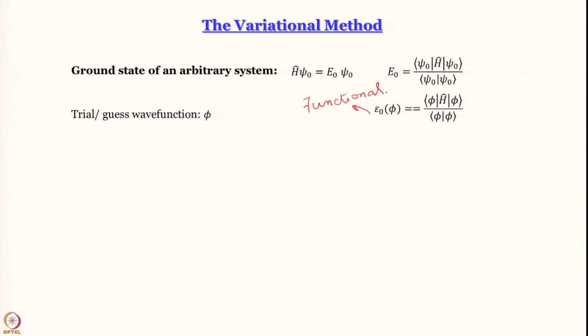A functional is a function of functions, which means, see, phi is a function, is it not? Epsilon 0 is a function of functions. Depending on what phi is, the value of epsilon 0 is going to change. So, energy is also a functional of the wave function psi 0. Okay? This is called a functional, or sometimes a super function. Super function or functional, a function of functions.